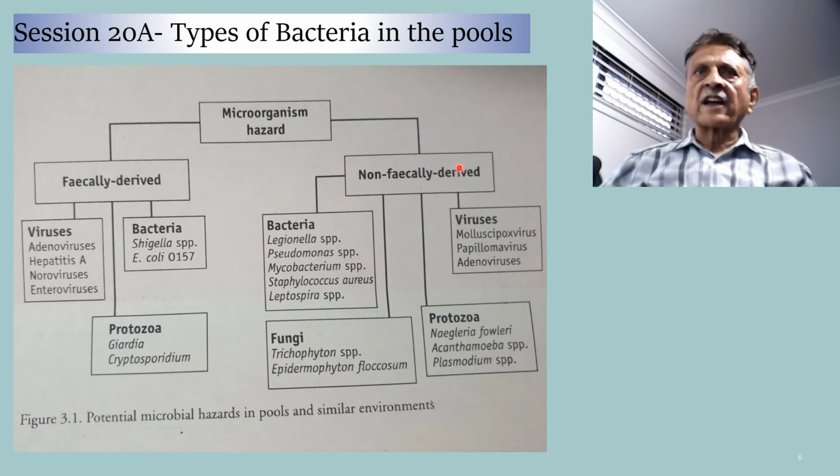The non-fecally derived bacteria are those obtained from the air, such as Legionella, Pseudomonas, Mycobacterium, and the viruses, papillomavirus, adenoviruses, fungus, and protozoans. These are all possible contaminants in the swimming pool.